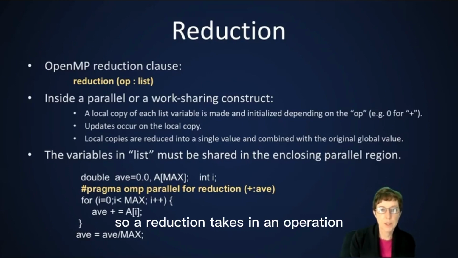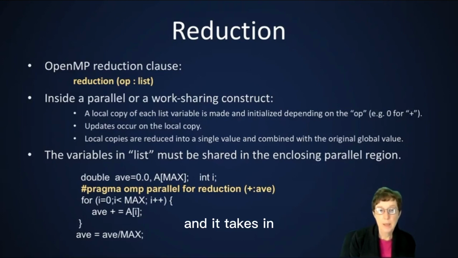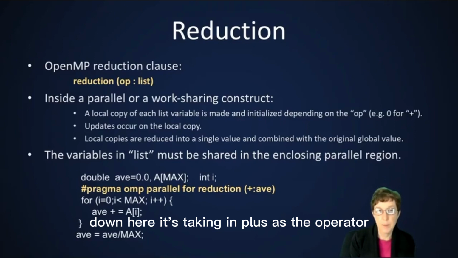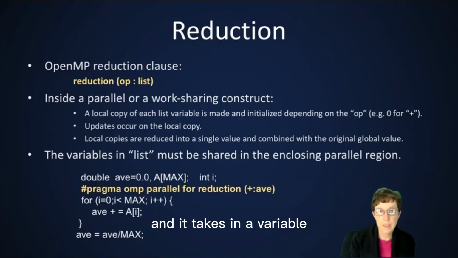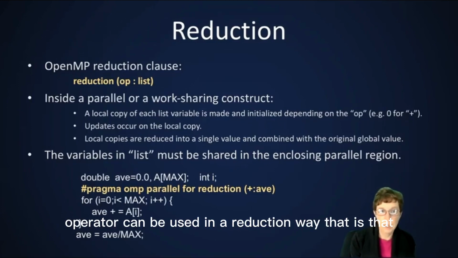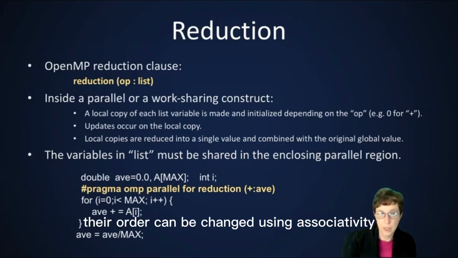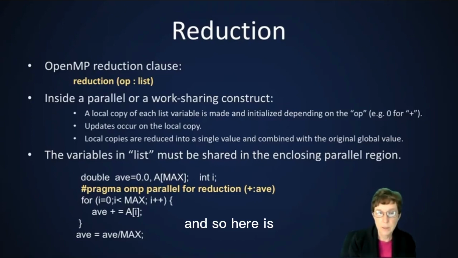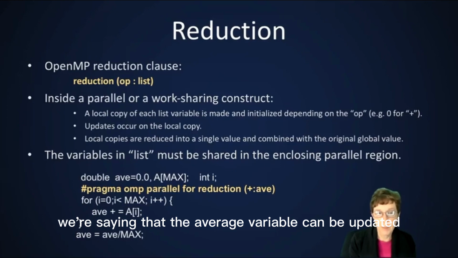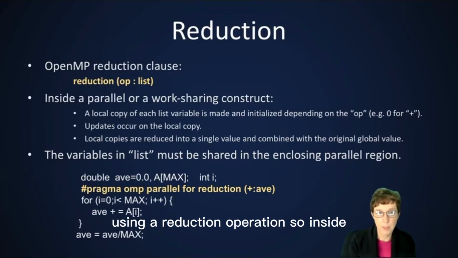So a reduction takes in an operation, so for example, down here, it's taking in plus as the operator, and it takes in a list of variables on which that operator can be used in a reduction way. That is, the operators can have their order changed using associativity. And so in this case, we're saying that the average variable can be updated using a reduction operation.